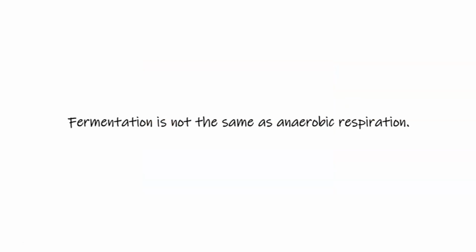Now, as a note, fermentation is not the same as anaerobic respiration. Some organisms are able to complete all 4 steps of cellular respiration without the presence of oxygen by using an alternative form of an electron receptor, such as the sulfate ion, which is SO4 2-. This could also accept those electrons, and this allows for large amounts of ATP to be produced.